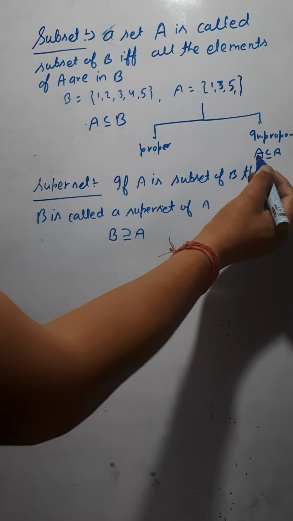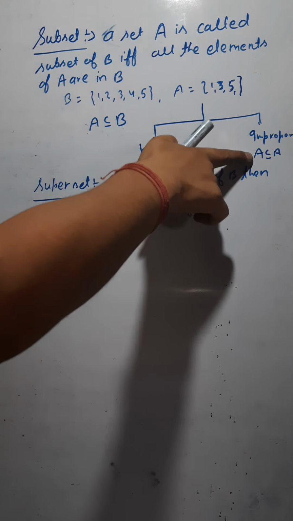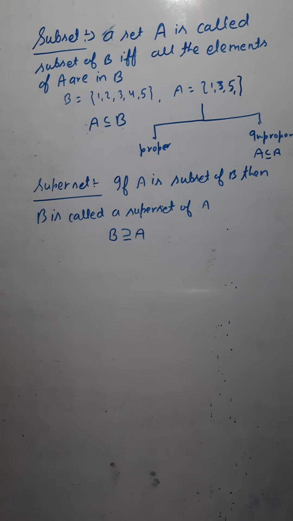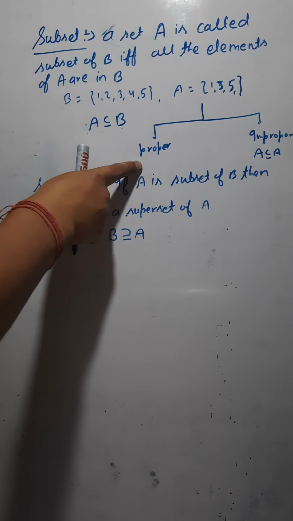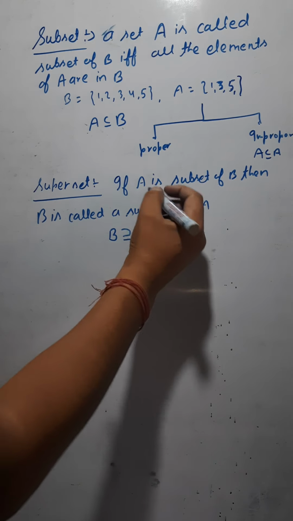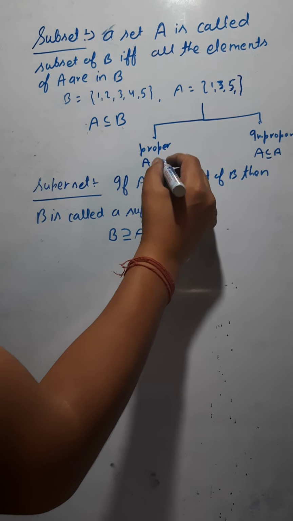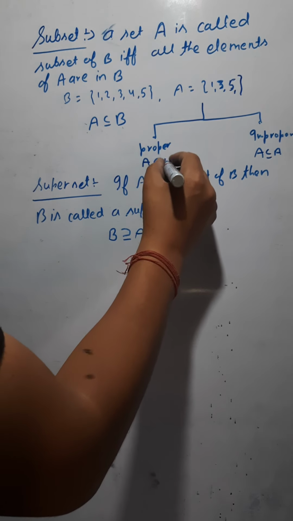So I can write A is a subset of A. This one would be known as the improper subset, because we have not properly defined it.